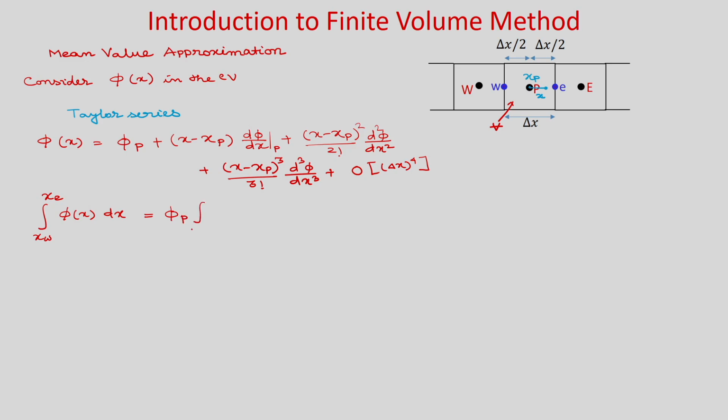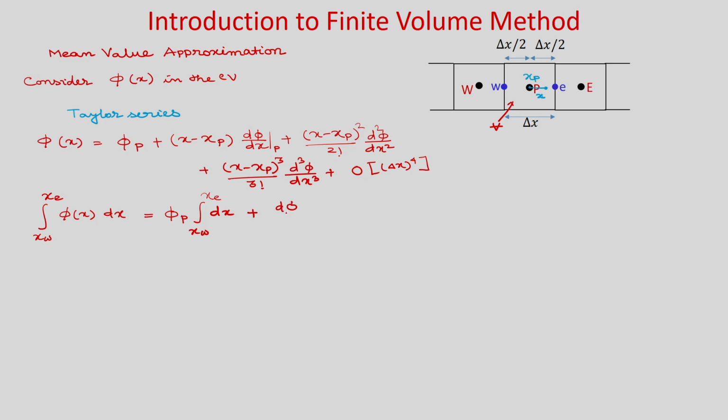So, it will be integral x w to x e dx, plus d phi by dx. This is a pointwise value, so it can be taken outside the integral, because d phi by dx at p you will calculate.